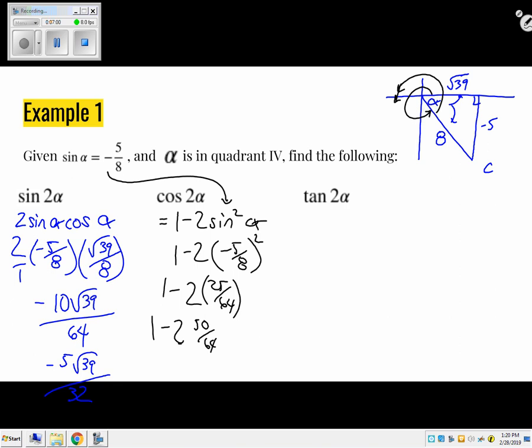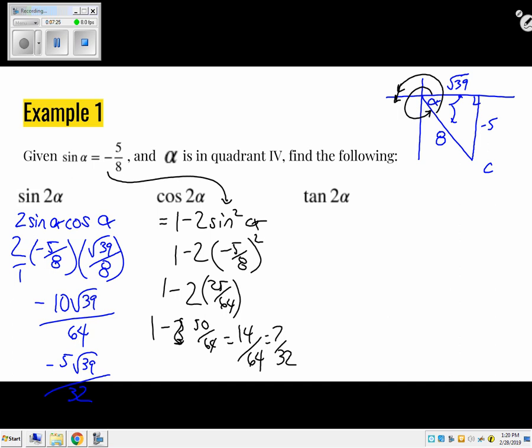The 2 is not there anymore. So this is just 64 over 64 minus 50 over 64. 14 over 64, 7 over 32. Awesome. That's it. That one was nicer, wasn't it?